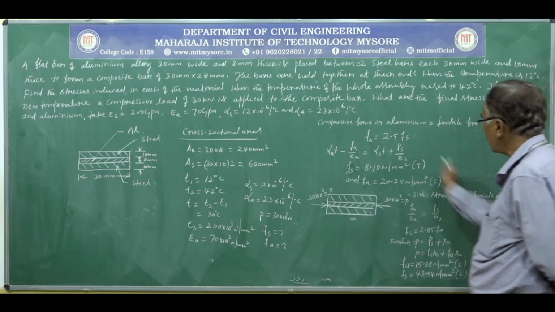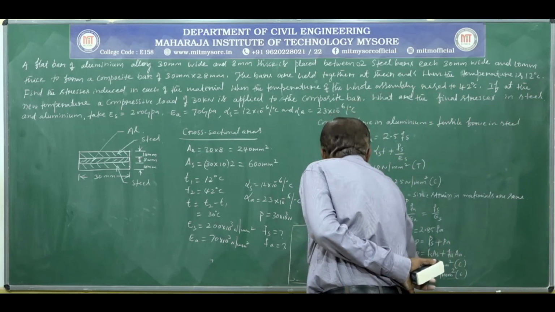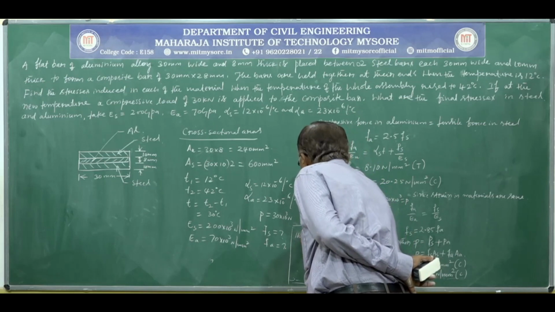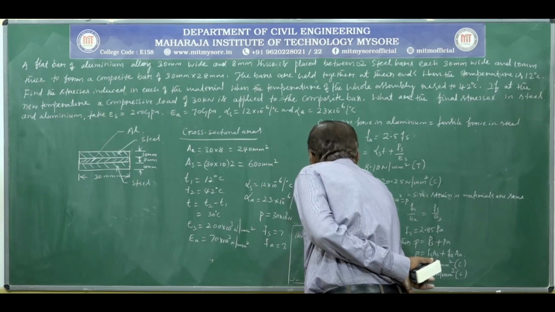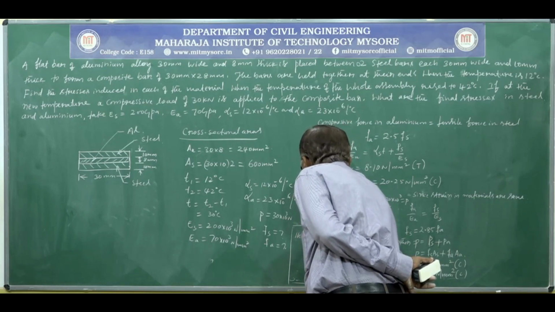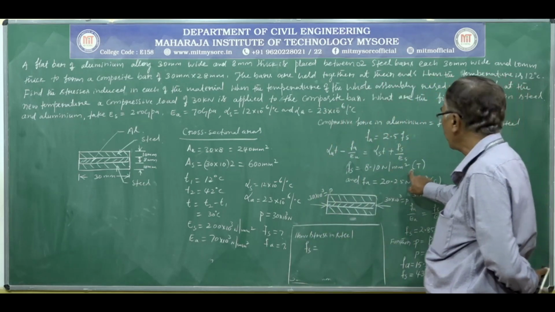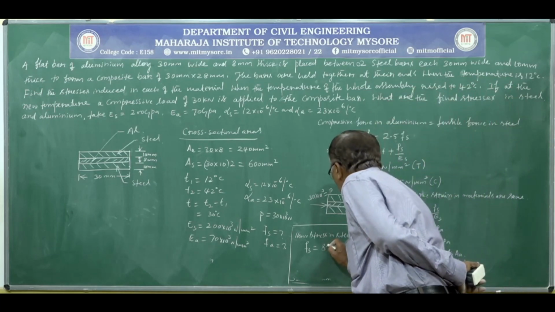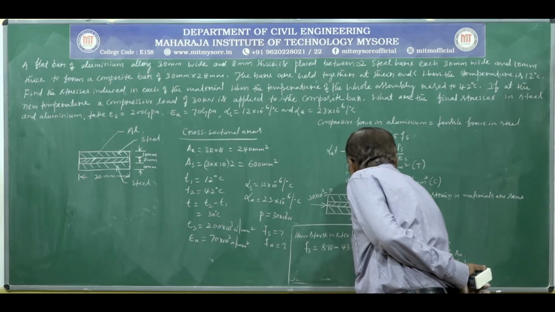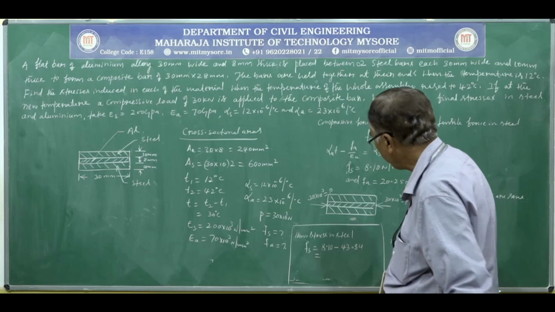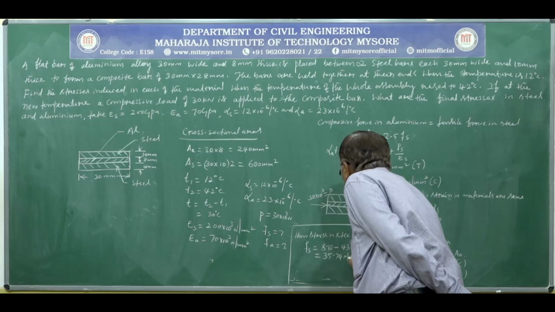Now, based on this we can write the resultant stress. This is very important. Hence, stress in steel Fs: the stress calculated earlier is tensile in nature, 8.10, minus 43.84. So we will get a negative value, 35.74 Newton per millimeter square.